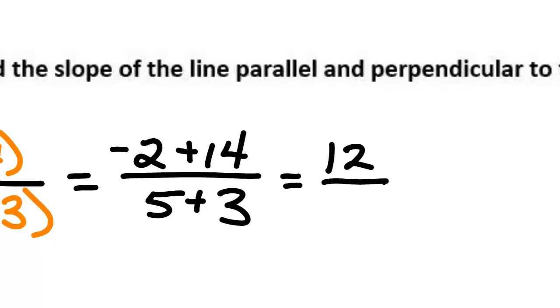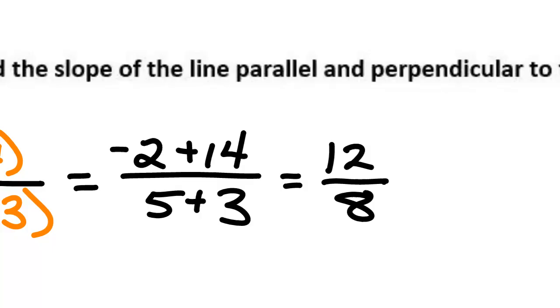You'll need that paper right there for Thursday. 5 plus 3? 8. If I do 12 divided by 8 on my calculator, will I get a whole number or a decimal? I'm going to get a decimal. I don't want decimals for slope. We never want decimals for slope. Slopes are whole numbers or fractions only. So this is going to have to stay as a fraction, which means I need to make sure it's fully reduced.